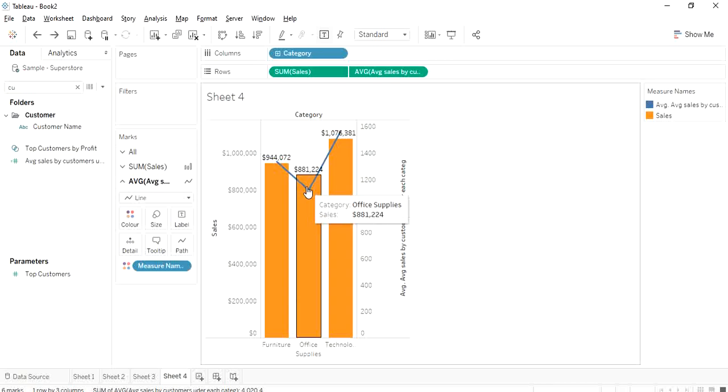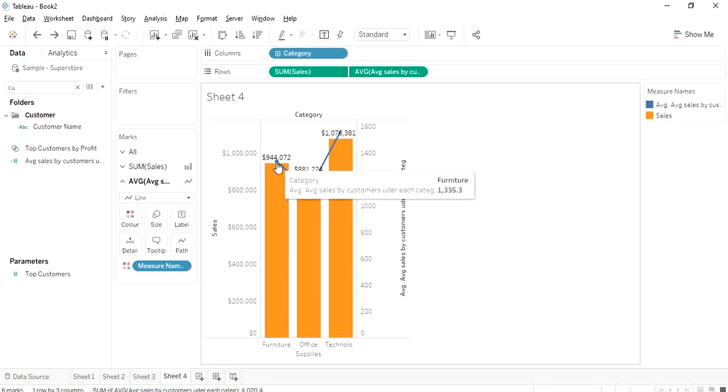So it's actually validating your data, right? And here also, this is the second highest sales, so average sales done by customer is also second highest. If this had gone the other way around, then probably we would have to dig down to see why is it so. Maybe the logic or the calculation is not right. But both are supporting each other.